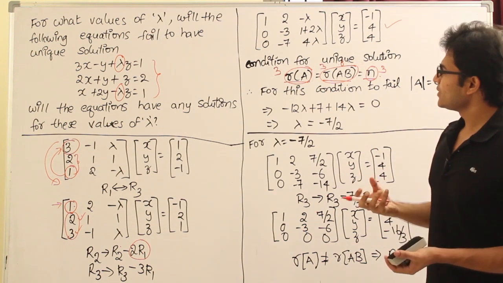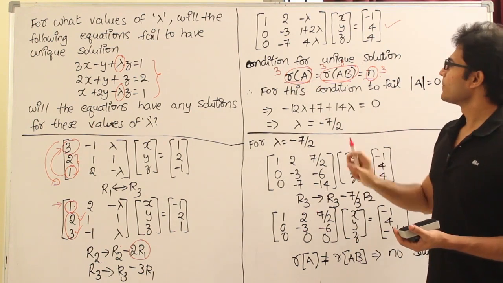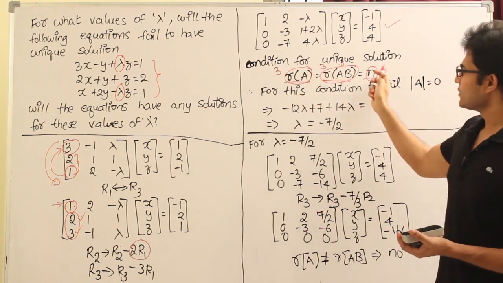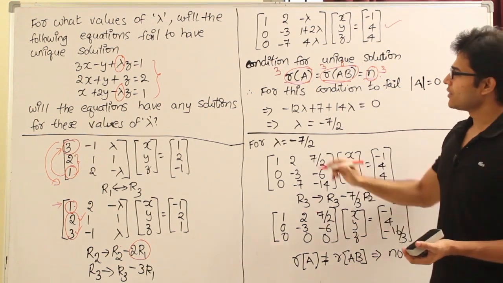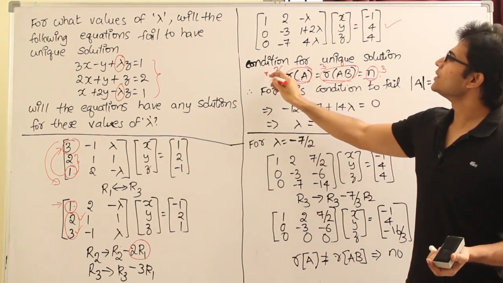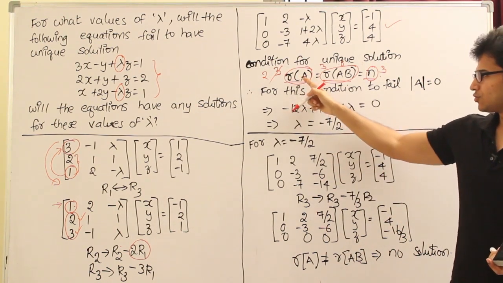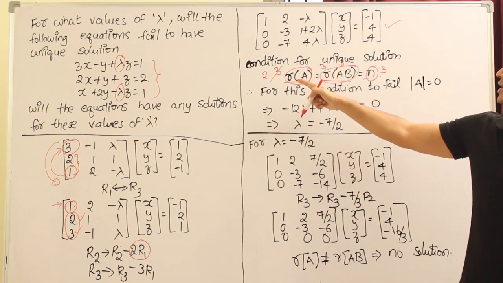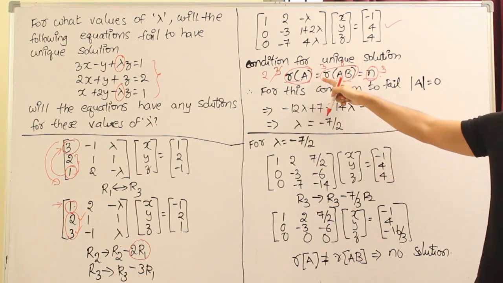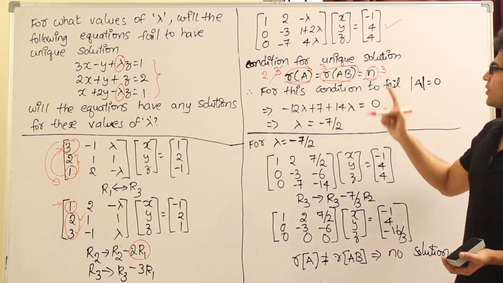What is in our hands is the rank of A. We can fail this condition by doing a small thing. What do you think? We can make it not 3, we can make it 2. If I can make rank of A as 2, then rank of A will not be equal to rank of [A|B], and will not be equal to the number of variables.